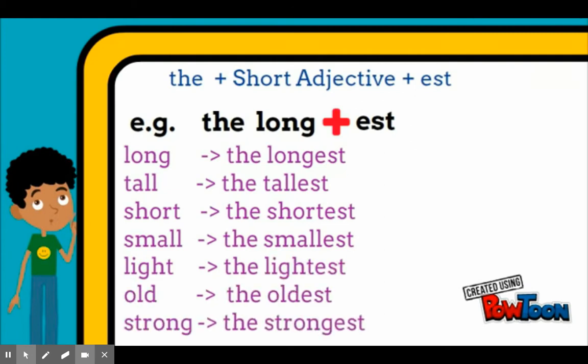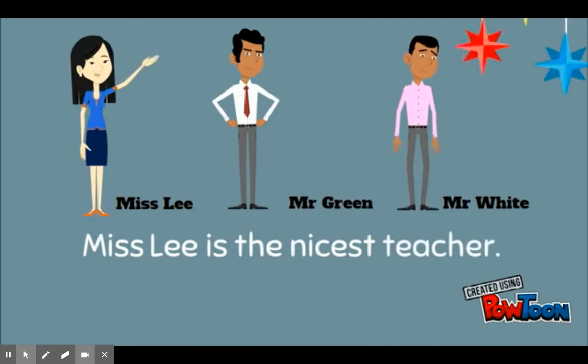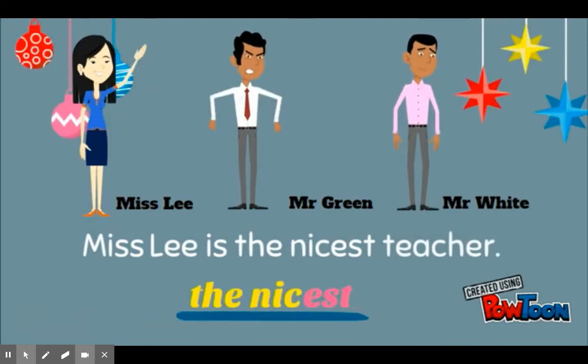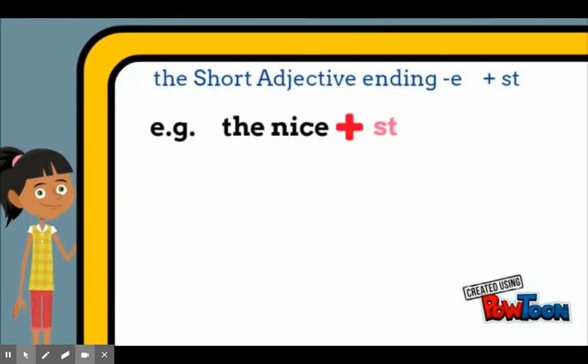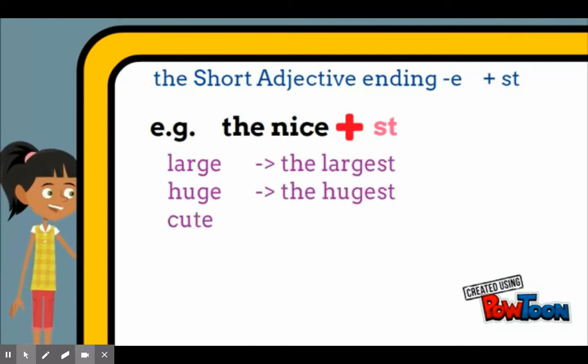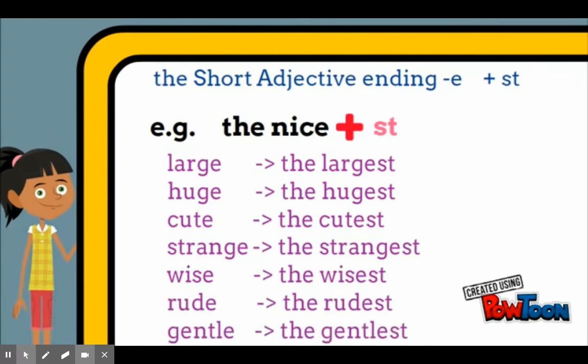These are more examples. Miss Lee, Mr. Green, and Mr. White. Miss Lee is the nicest teacher. The nicest. Look at the spelling pattern. If the adjective ends with an E, we just add st, such as in large, the largest, and some other examples for you there.